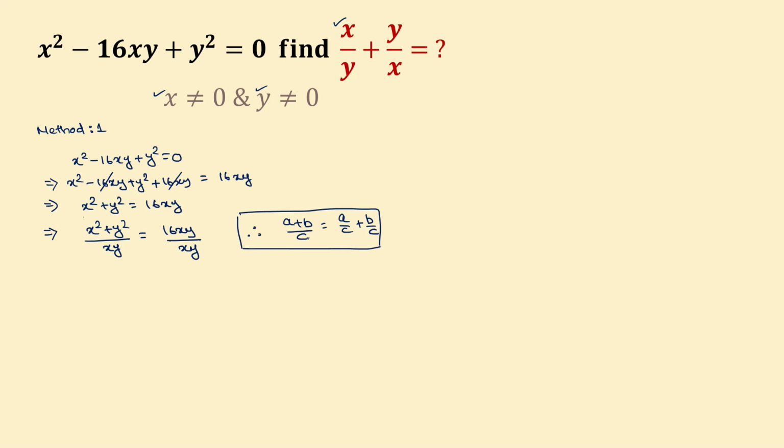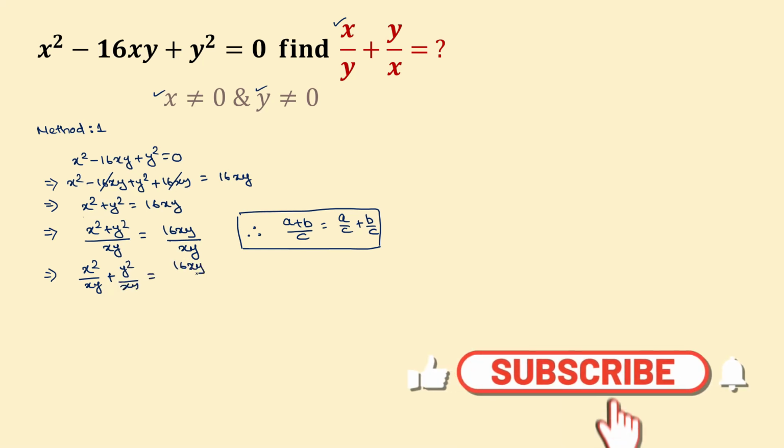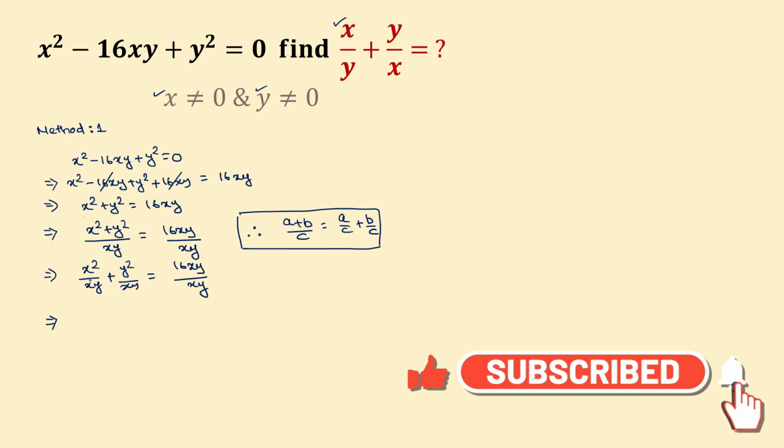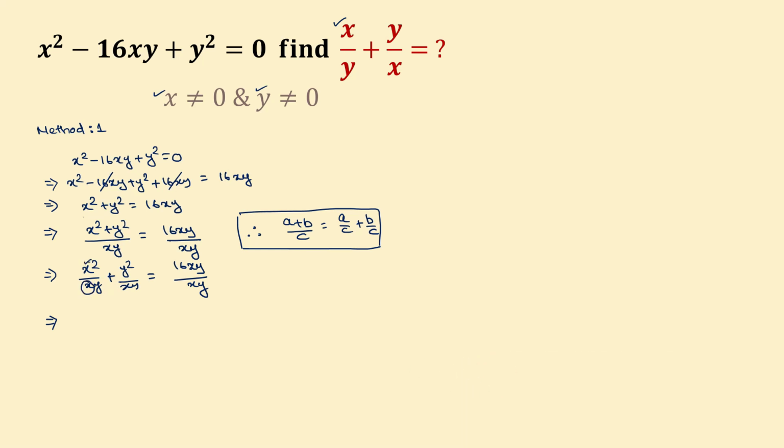So we can apply this rule here. We can write x square by xy plus y square divided by xy is equal to 16xy divided by xy.